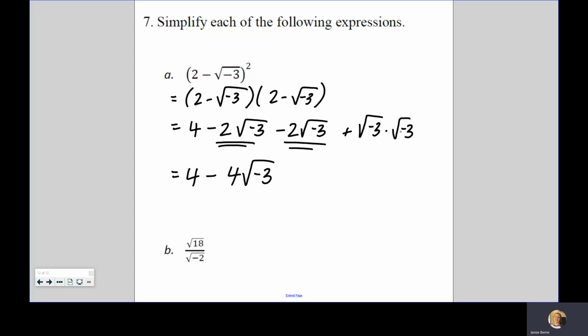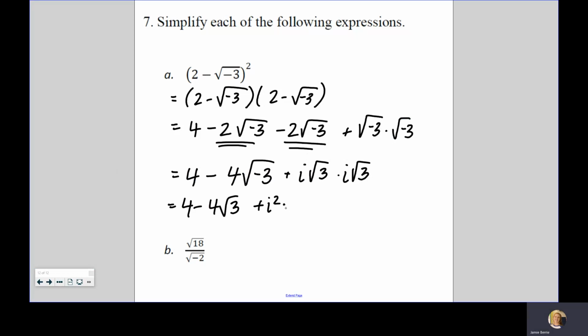We'll go ahead and multiply these over here. Negative 3 times negative 3 is going to be the square root of, excuse me, I'm sorry. Well, almost made a mistake. We could rewrite this as I on the square root of 3 times I on the square root of 3. All right, so now we can combine those. So we have 4 minus 4 on the square root of 3 plus I times I is I squared.